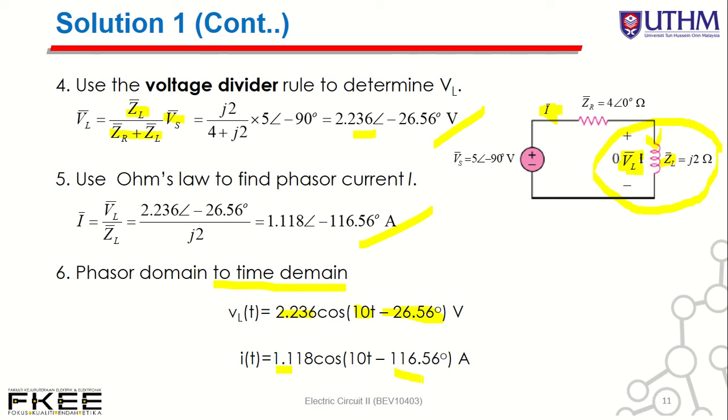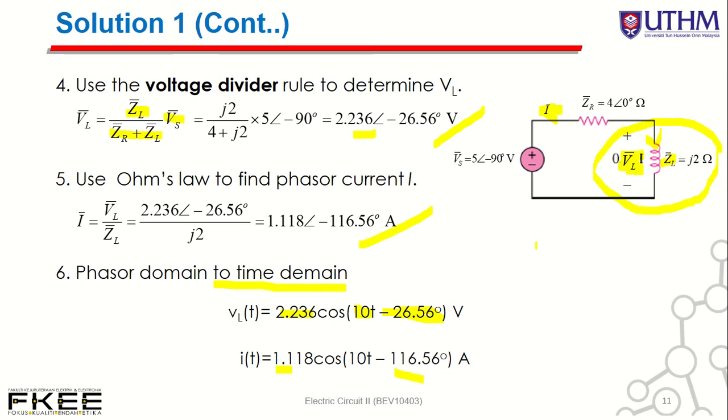That's the method, those are the steps on how to apply the voltage divider rule. From this you can determine the phasor diagram. You can try on your own: draw the phasor diagram of VL and I.